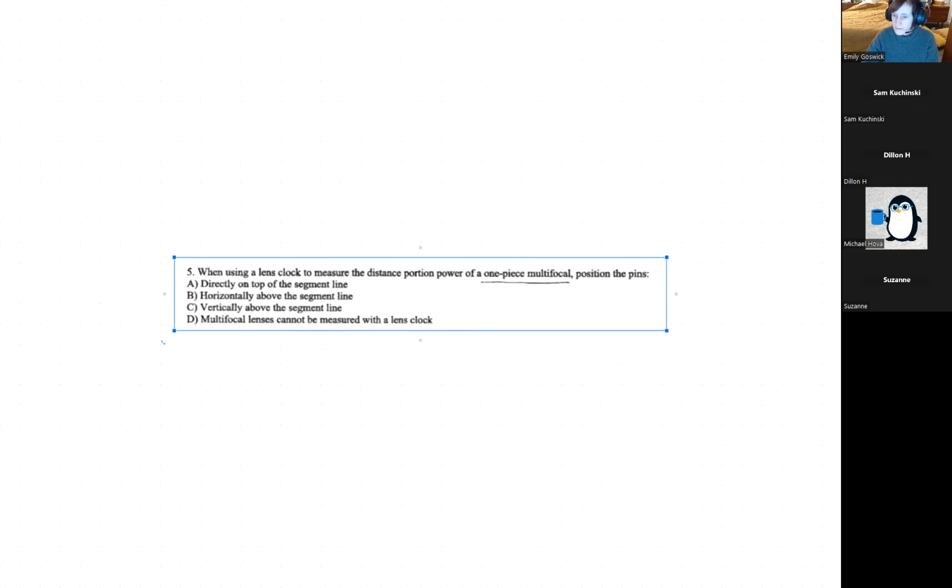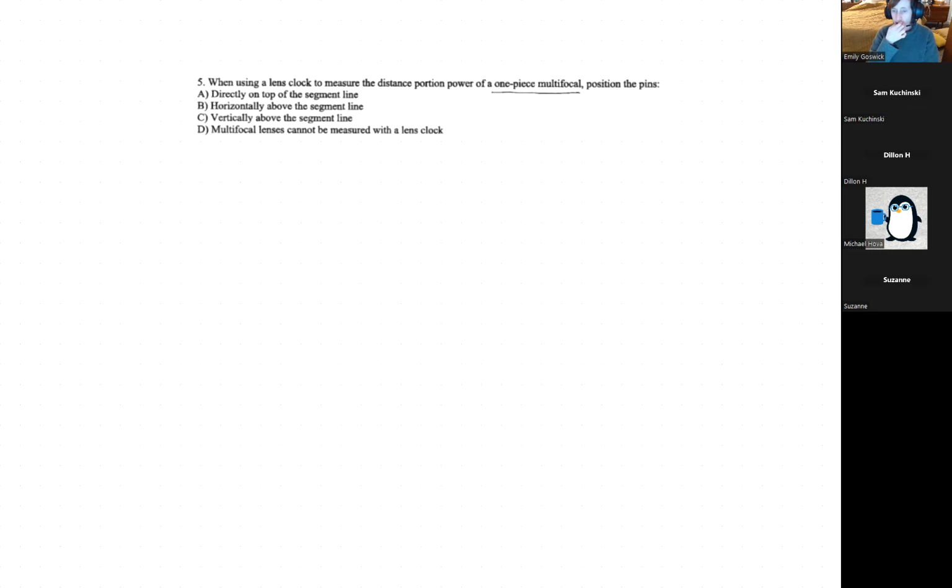All right, so the question. It wasn't the last question we discussed in the last meeting, but it was one that had come up. It talked about using a lens clock to determine the powers of a lens.